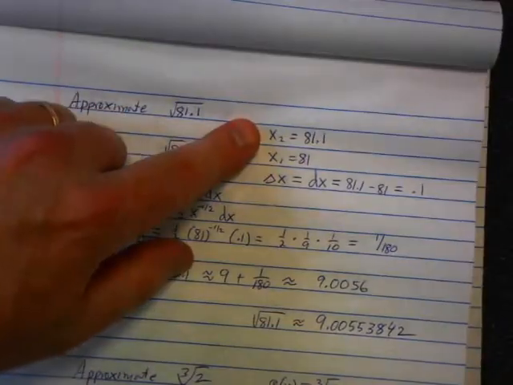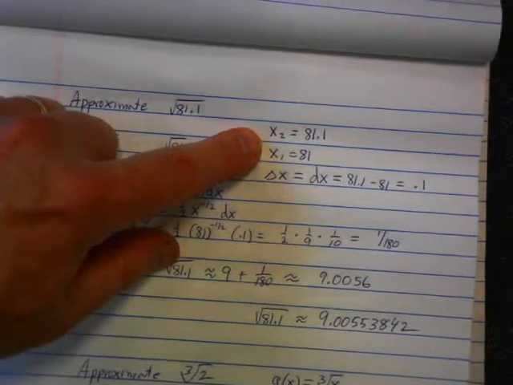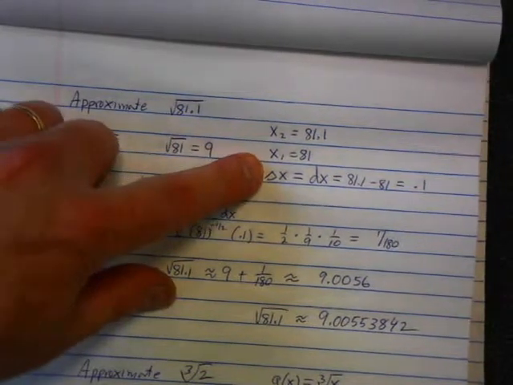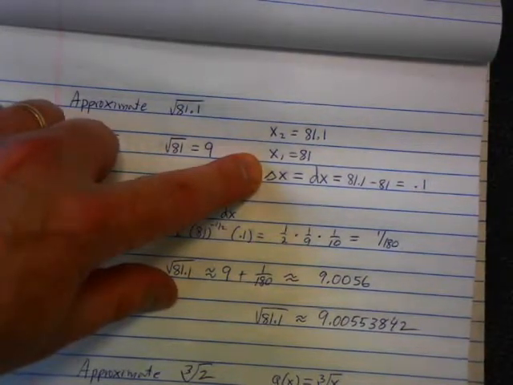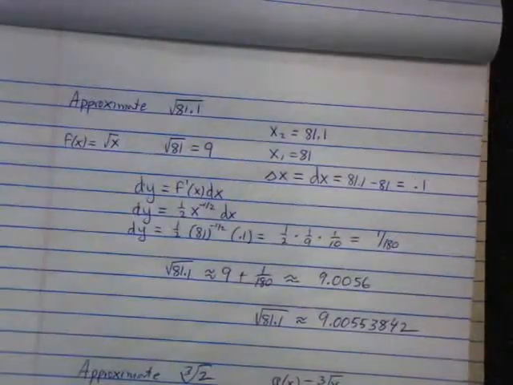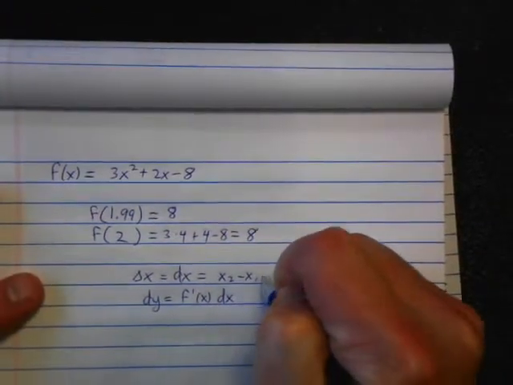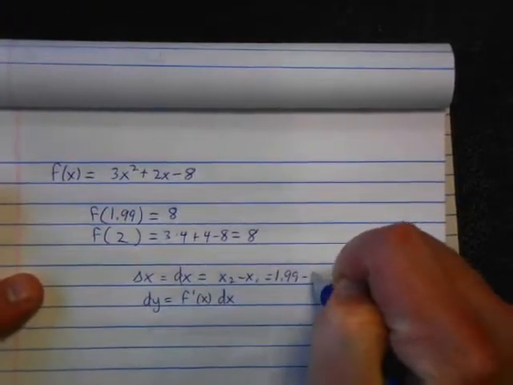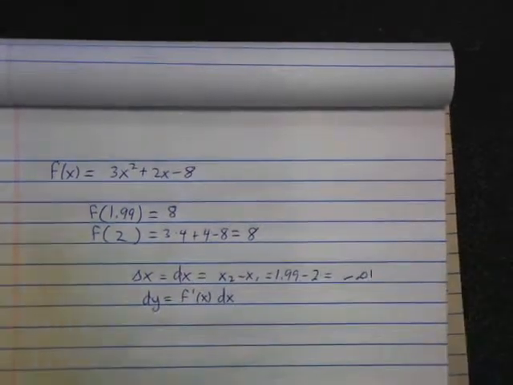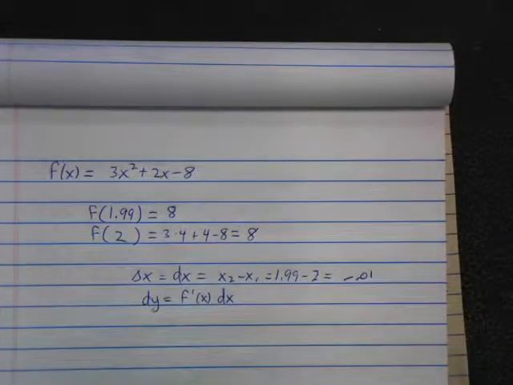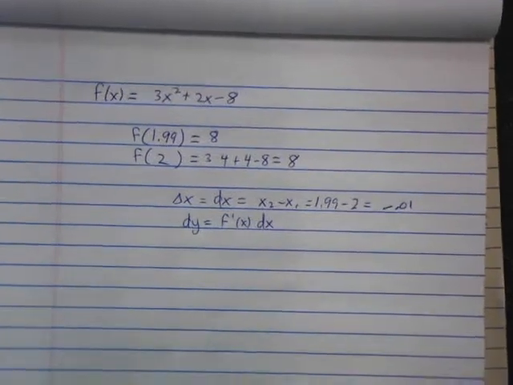Your x2 is the value you're trying to figure out. The x1 is the one that's close by that you can easily plug in. So in this case, x2 minus x1 is 1.99 minus 2. So your dx value can be negative. In this case, it's negative 0.01.